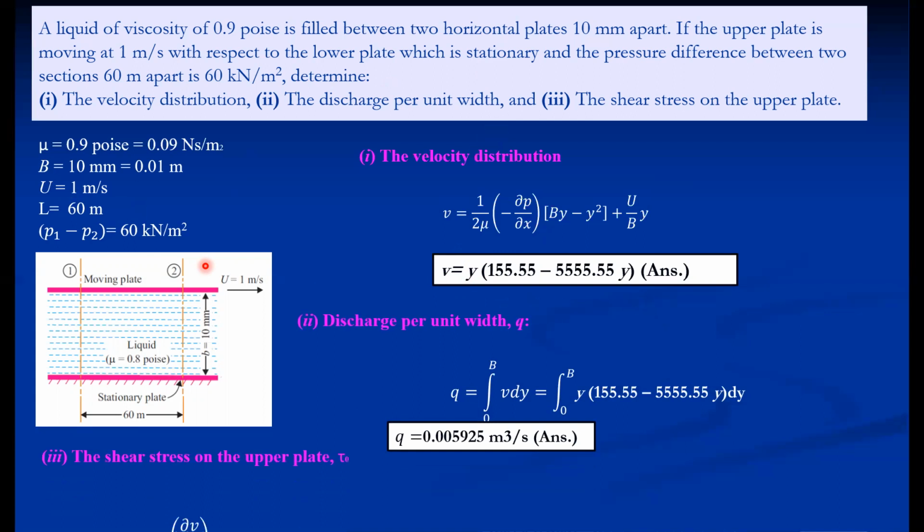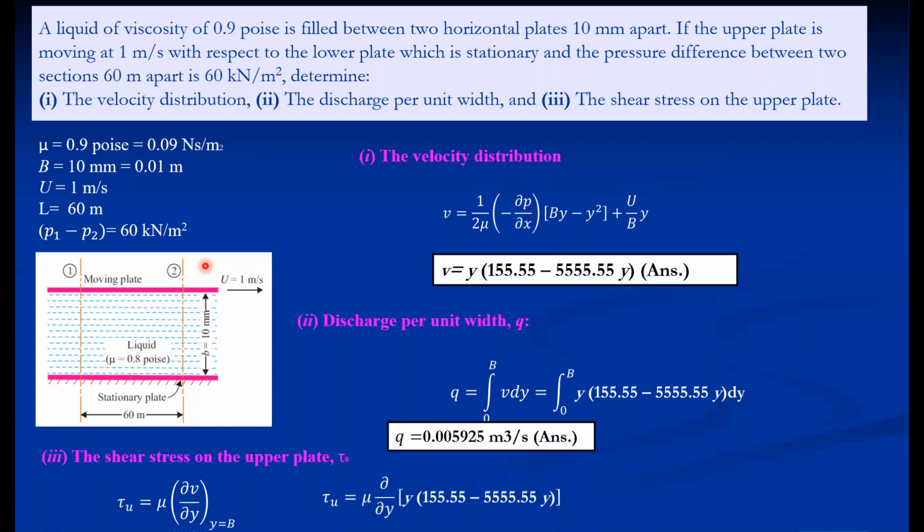And the shear stress on the upper plate. We can use the shear stress equation, that is, for the upper plate at y equal to b, mu into dv by dy at y equal to b. Here we can use the expression of shear stress also, and putting the value of y equal to b, that way also we can solve. Or by using first principle, the shear stress at the plate everywhere in laminar flow is in terms of local velocity, that is mu into dv by dy at y equal to b.